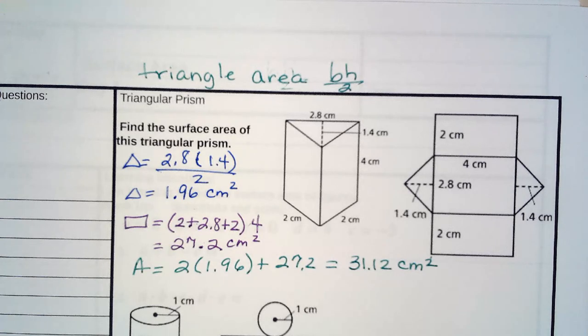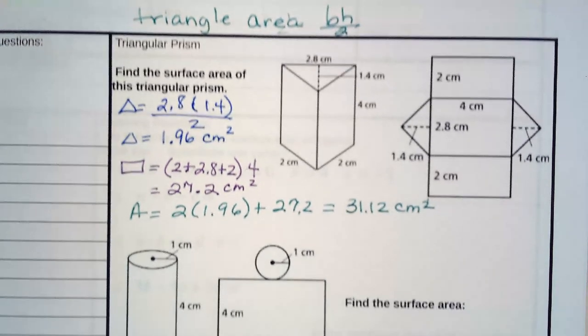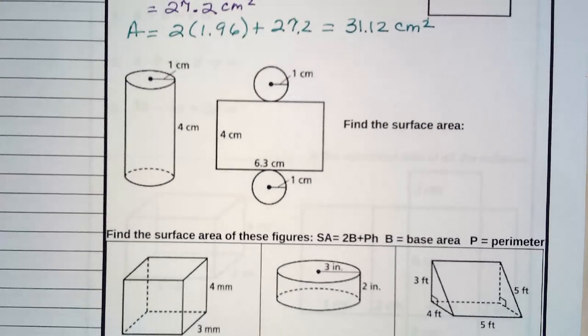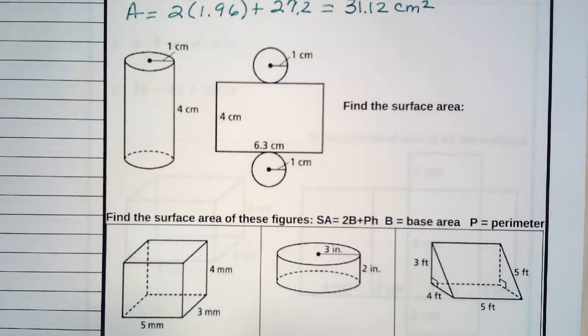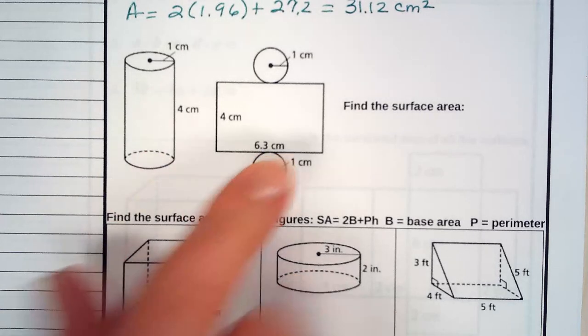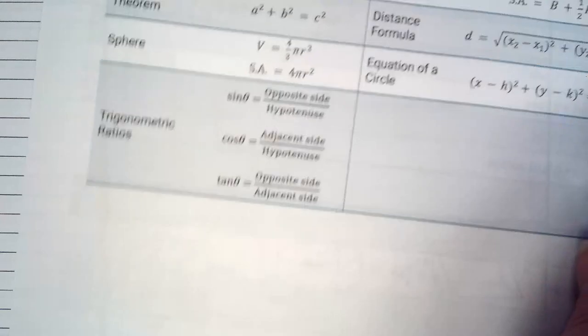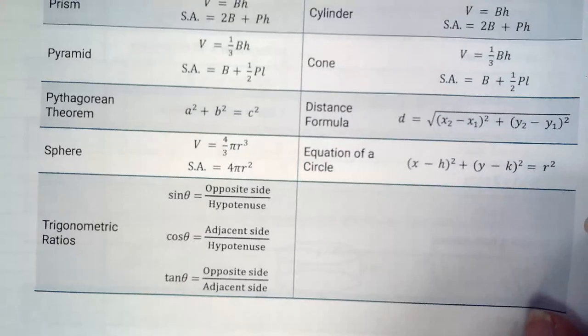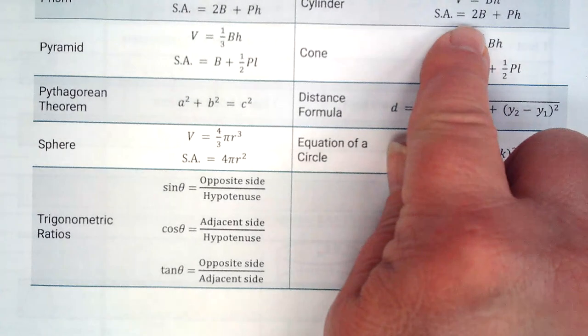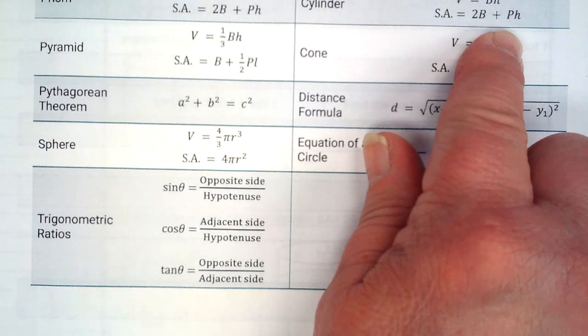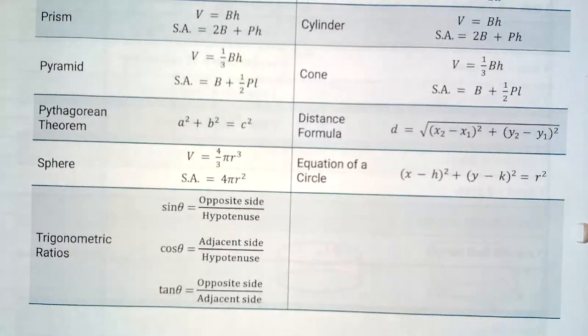It's still the same formula for surface area. Okay, so the next one is the surface area of a cylinder. If I'm looking at the surface area of a cylinder, 2 times your base area plus your perimeter times your height.